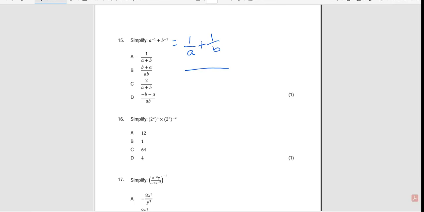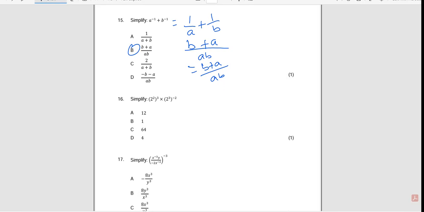And I told you that, guys, if they are variables that are not the same, we take them together. So it's AB. So A and A will cancel. I'll be left with B. And then this B will multiply with this one. It's going to give me B. And then B and B will cancel. I'll be left with A. A multiplied by 1 is A. Meaning that the correct answer is B plus A over A. The correct answer is B.